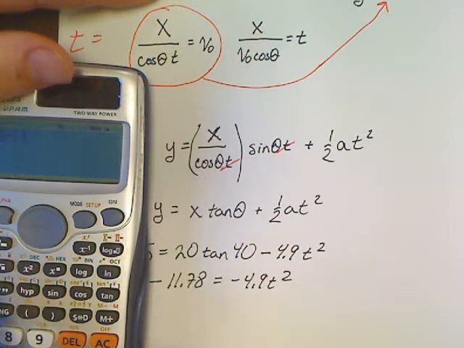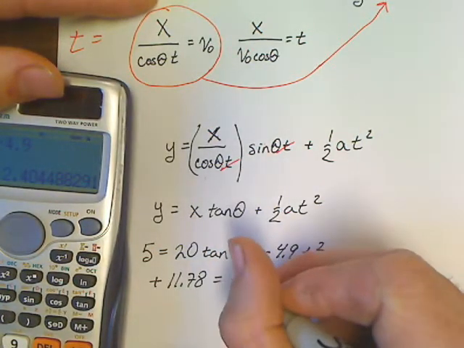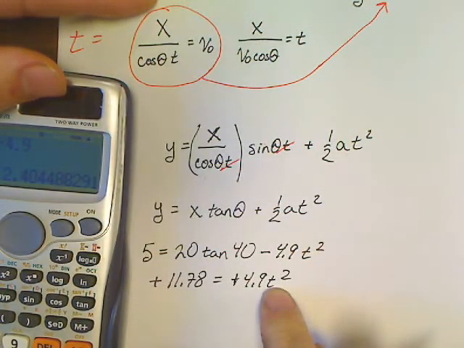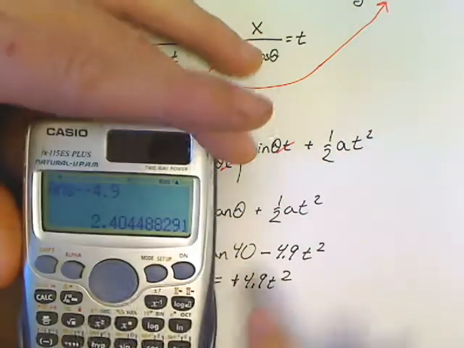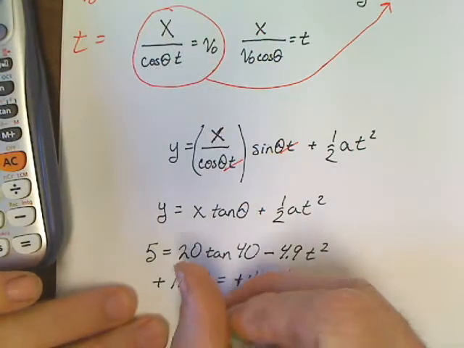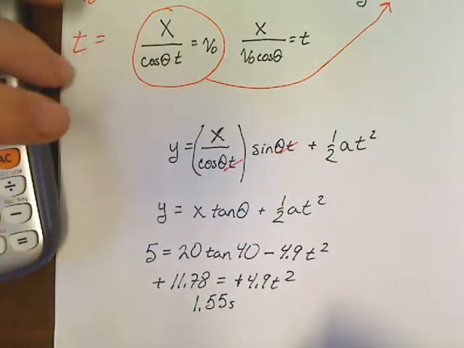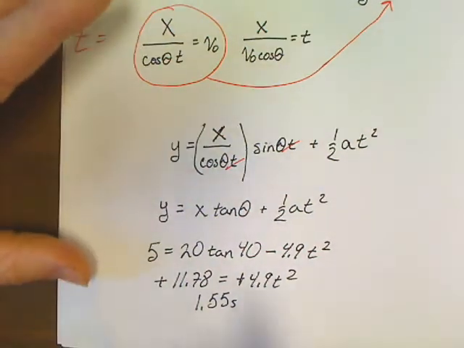So divide by negative 4.9. Now, remember, the negatives are going to cancel, so that's not a problem. But remember, you've solved for a square, so take a square root of this answer, and I've got 1.55 seconds. And now you're saying, fantastic, look at how incredible I am.